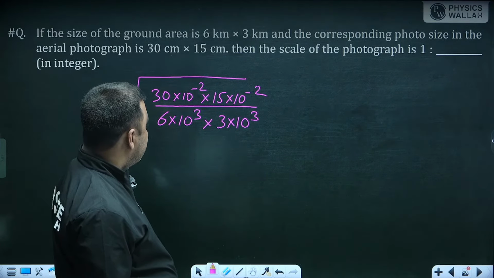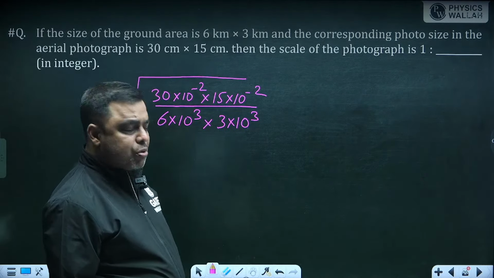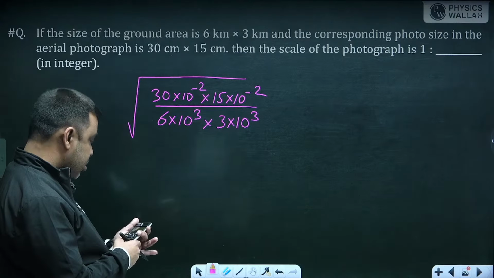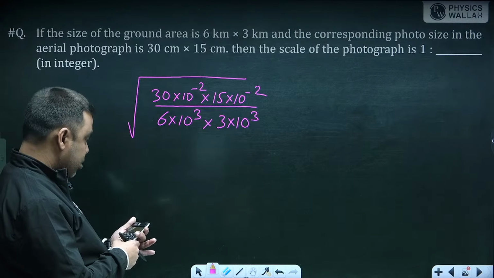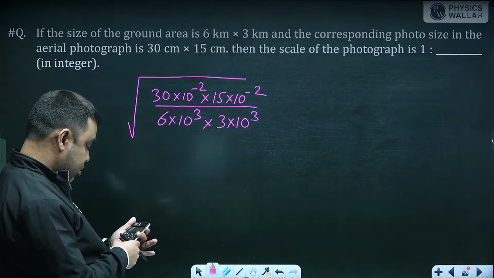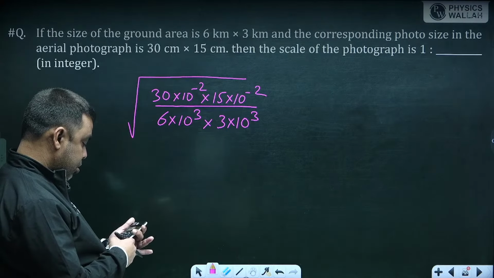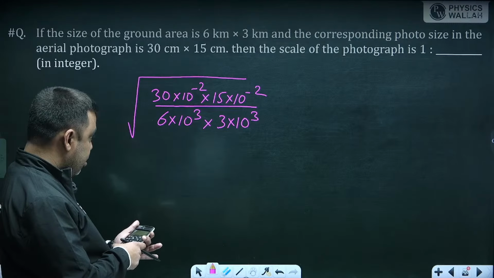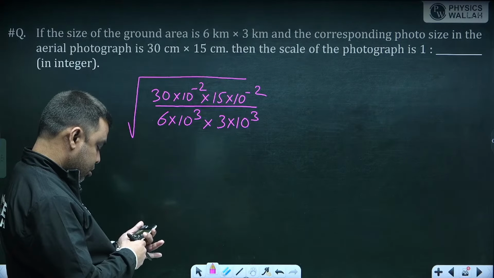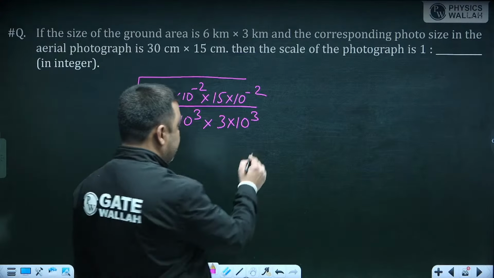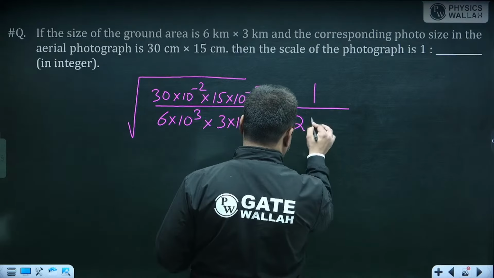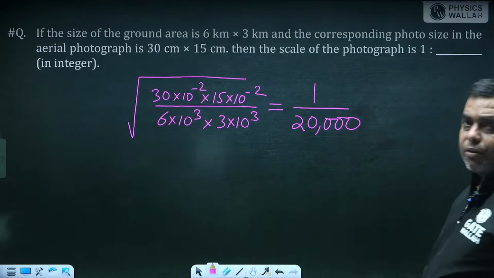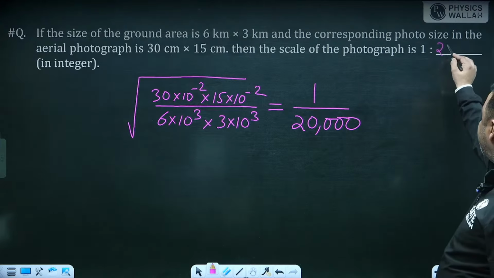Right, this is under root of it. How much will we be getting? 1 by 20,000. So answer would be 20,000.